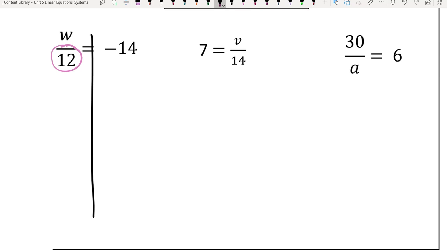So if I multiply this side by 12, I must multiply this side by 12. You can use the dot or the star. So 12 times w divided by 12, these two make 1. My single variable is left. And negative 14 times 12 is negative 168.